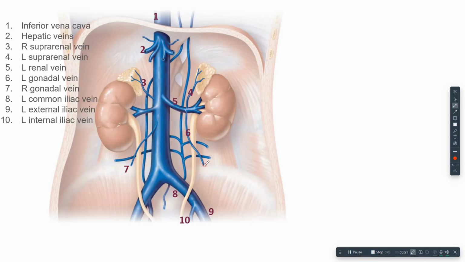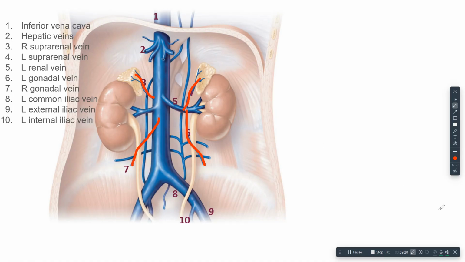Then, check this out, the left gonadal vein empties into the left renal vein, whereas the right gonadal vein emptied directly into the inferior vena cava. We also see blood from the suprarenal veins, again, right side going into the vena cava, left side going into the renal vein.